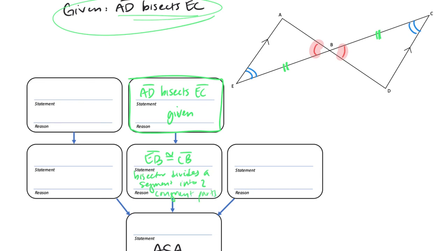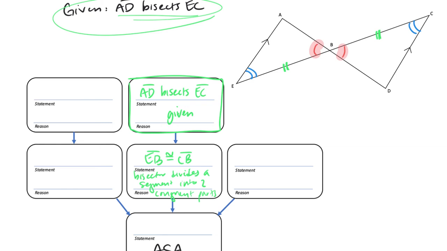Okay. We've also got another pair over here that has that same thing. Some given information is going to allow us to establish those parts. That's going to be coming from these parallel segments here. So these parallel segments allowed us to determine those congruent angles.